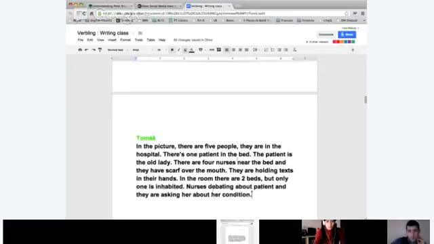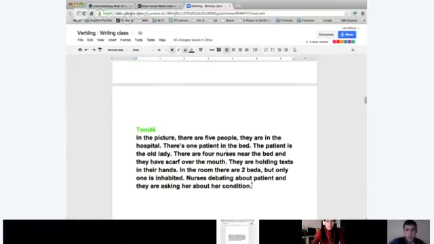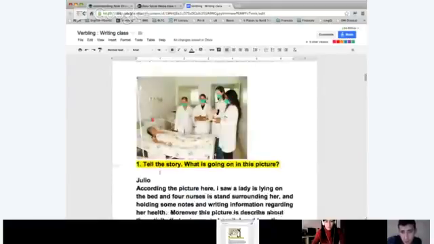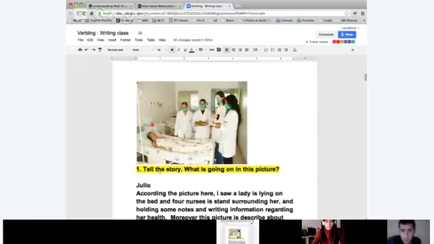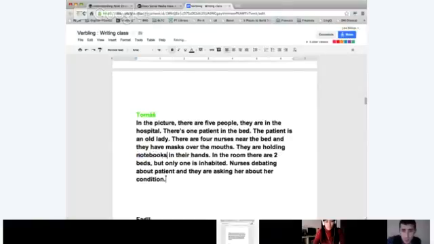In the picture, there are 5 people. They are in the hospital. There's one patient in the bed. The patient is, I would say, an old lady. There are 4 nurses near the bed, and they have, those are called masks over their mouths. They are holding, I think what they're holding would be more like notebooks, where you write things down.